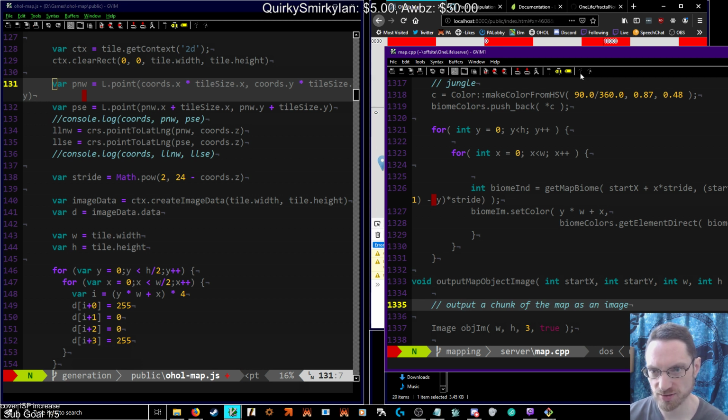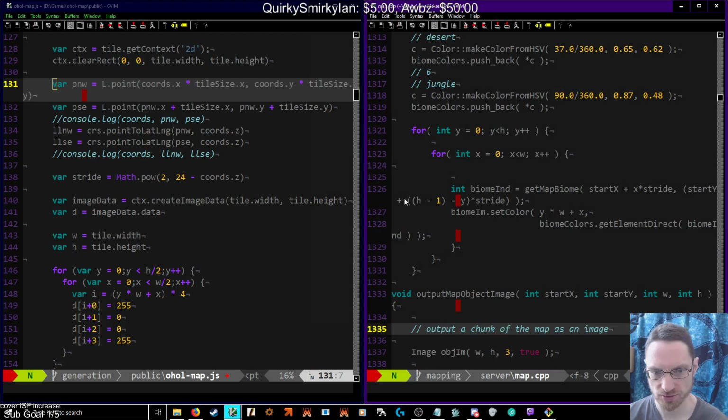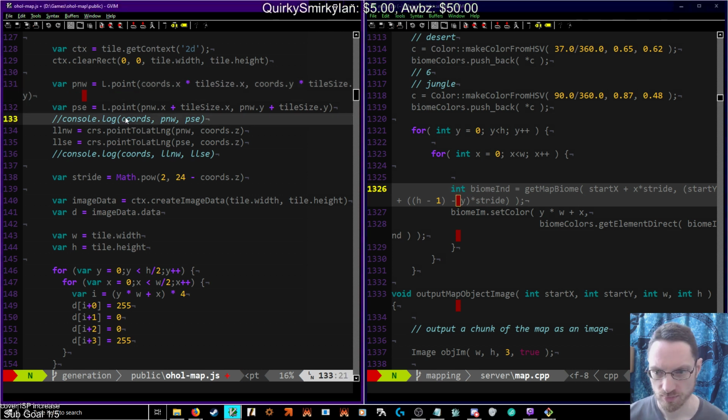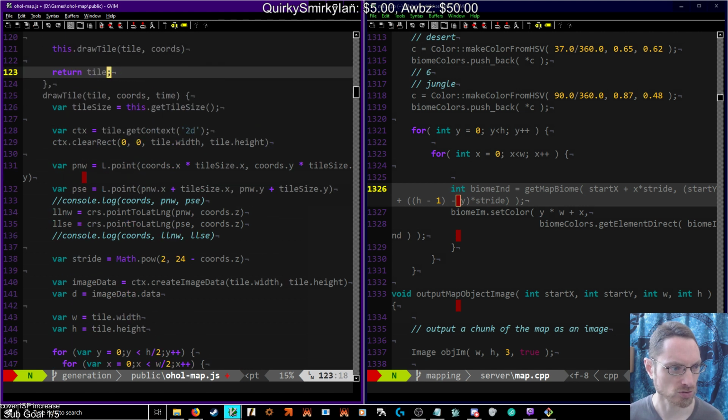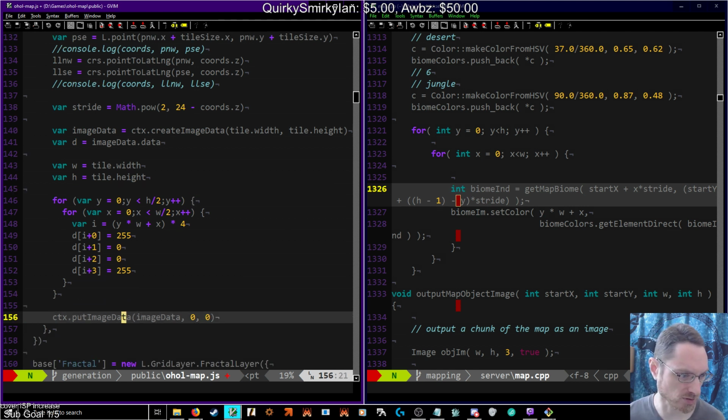Okay, this is looking like we're actually doing minus y here. When we calculate the world coordinates, start y plus h minus 1 minus y. So that might be doing that same kind of translation. It's because we're doing image coordinates and they want to go down as well.